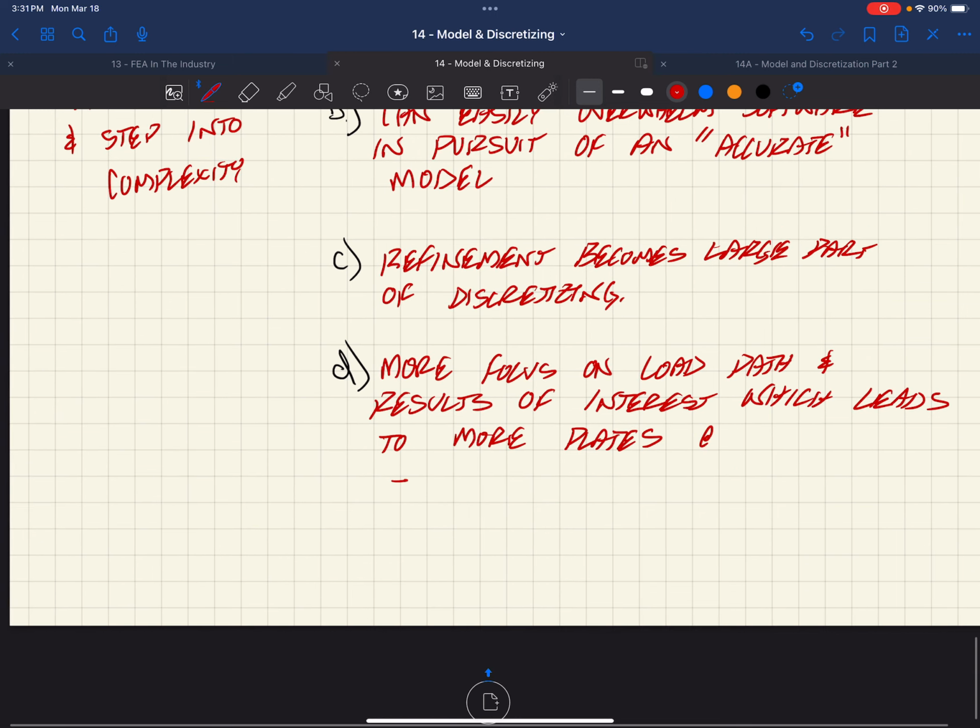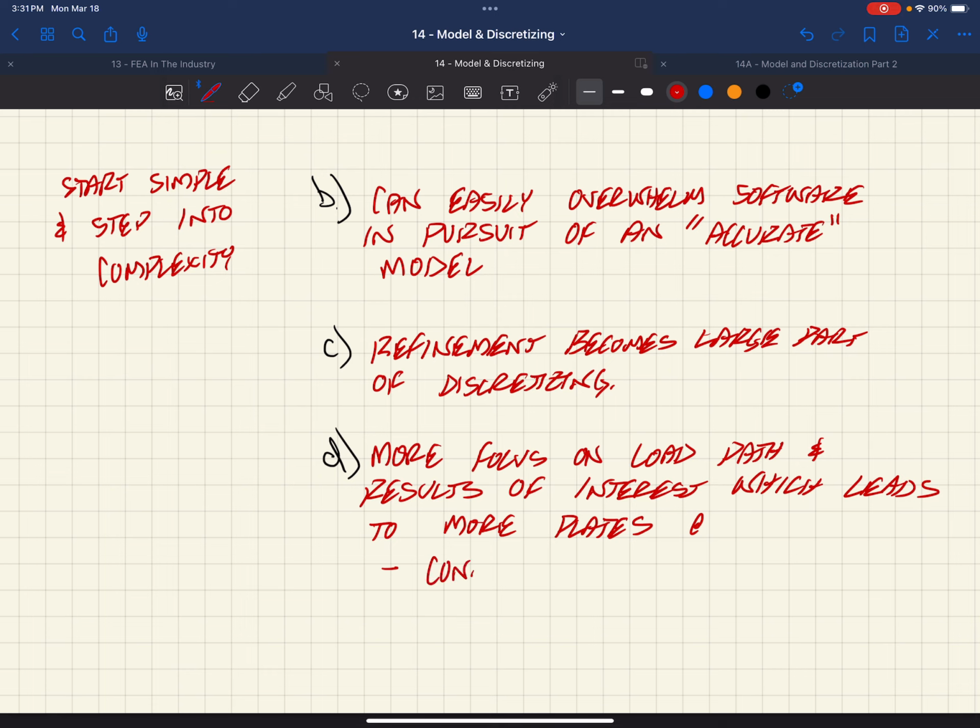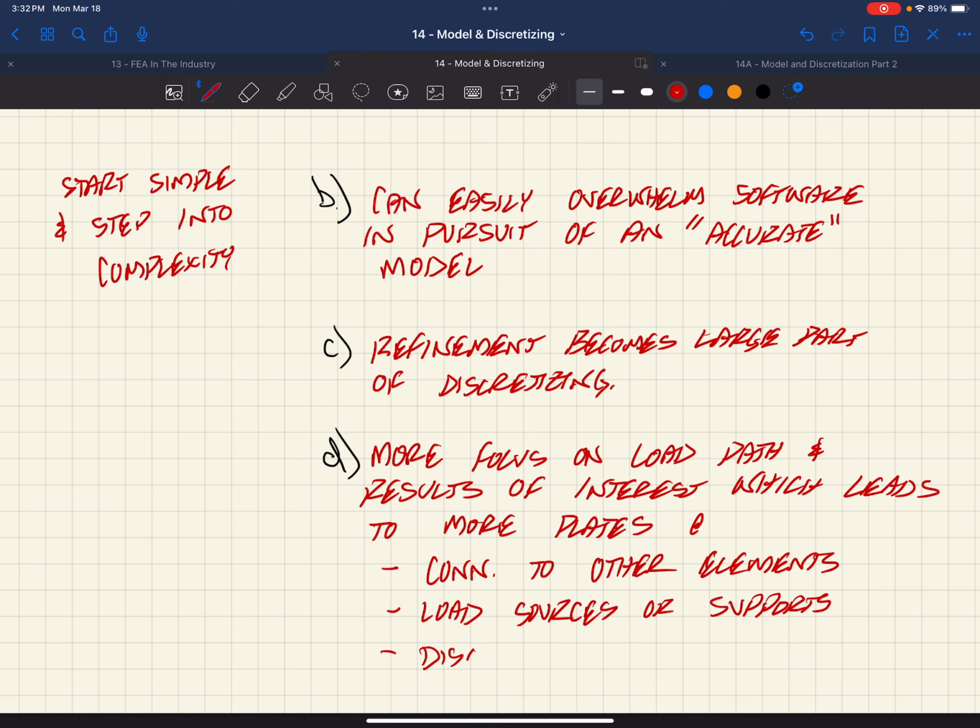So at connections to other elements, at load sources or supports, at discontinuities, right? An element ends vertically as it extends up the building, things like that.